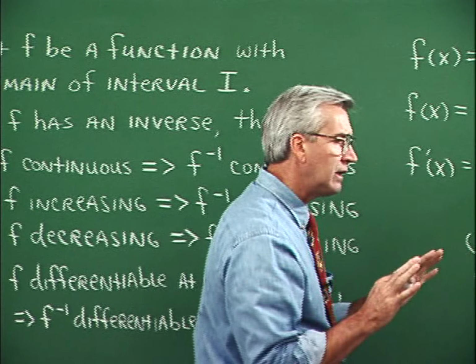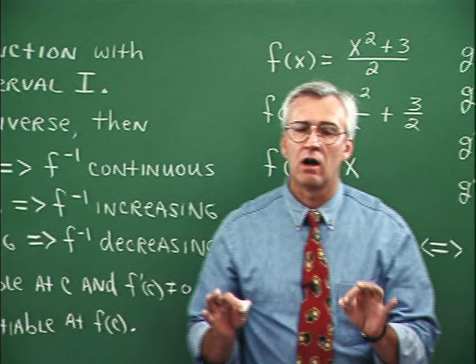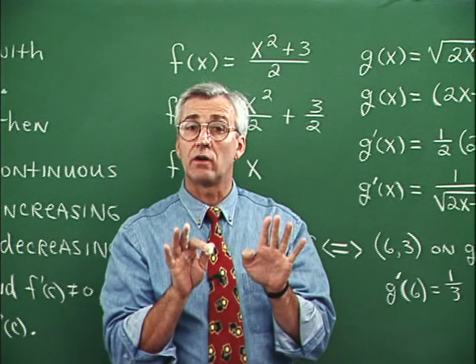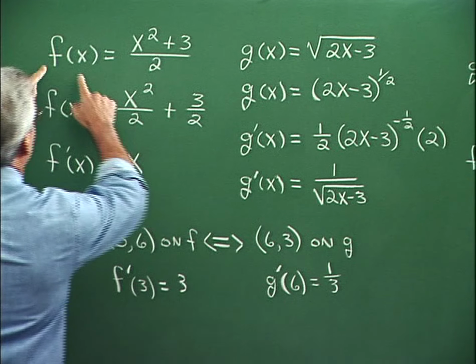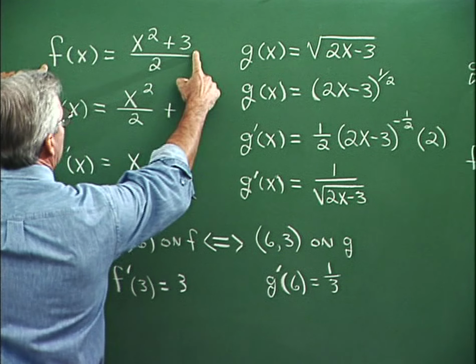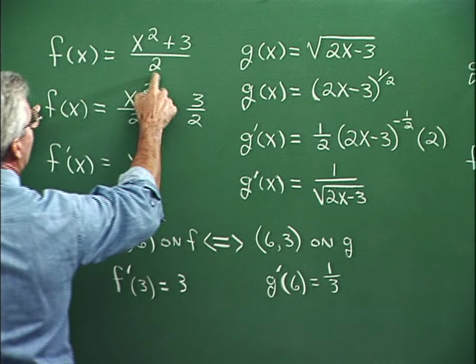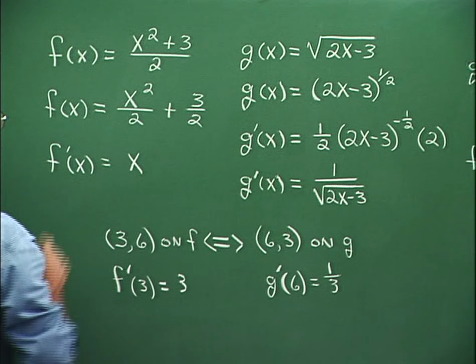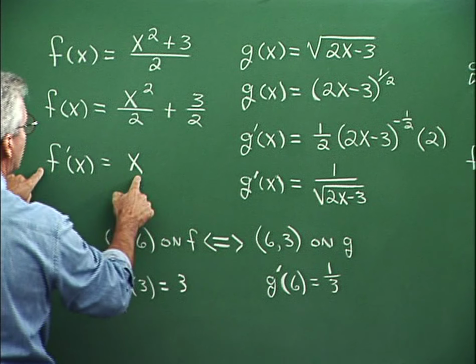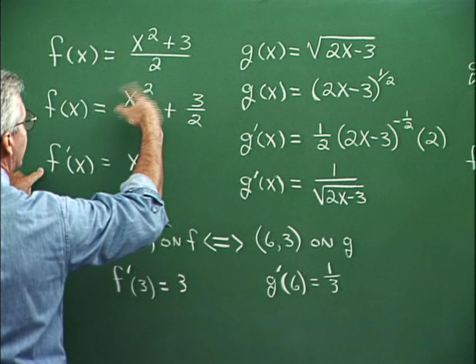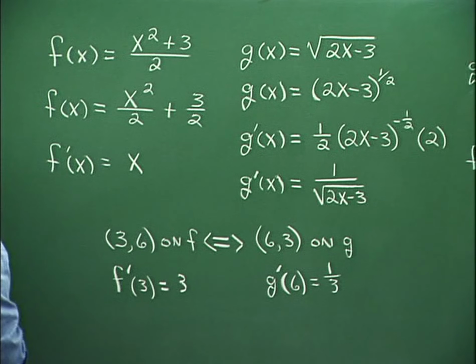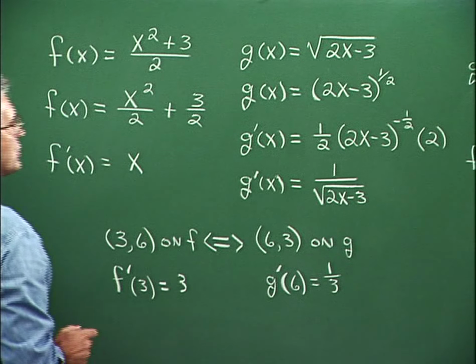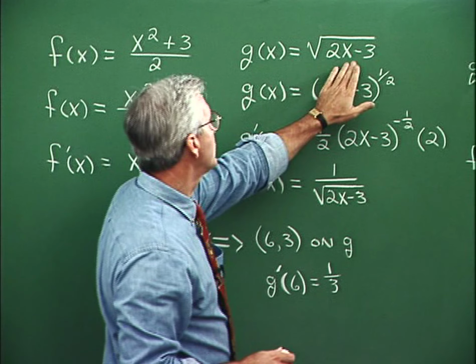Let's calculate the derivative of two functions that are inverses of one another. I want to show you a relationship having to do with the slopes of those lines. If f of x is this function that we talked about before, I can divide 2 into both parts here and set it up for differentiation. F prime of x, then the derivative of this would be simply x, and this would go out. For g of x is the square root of 2x minus 3.